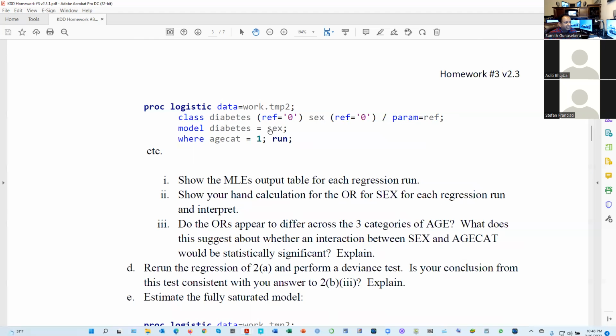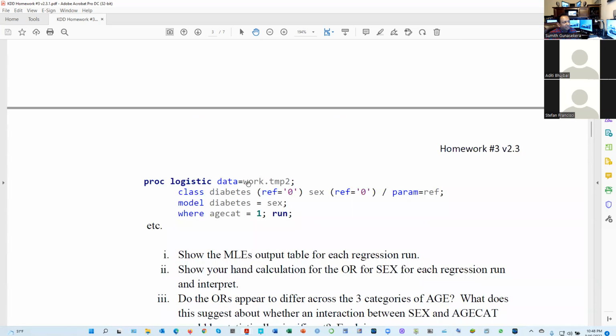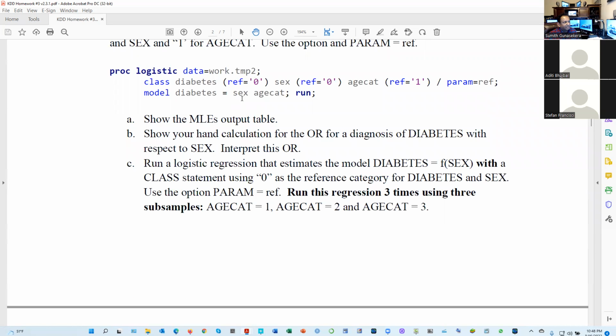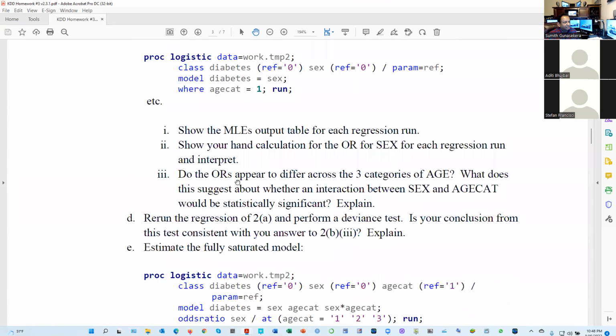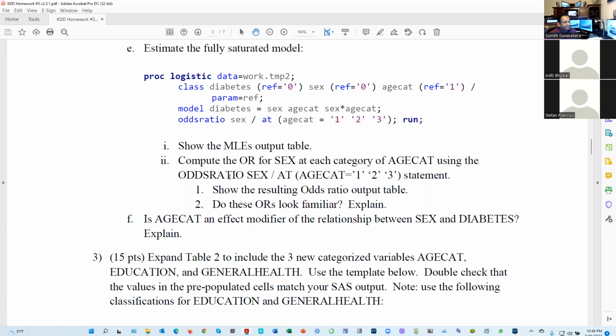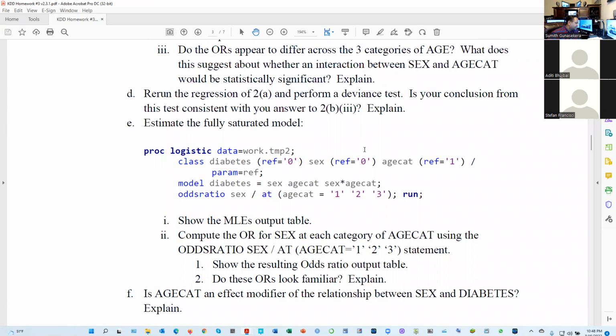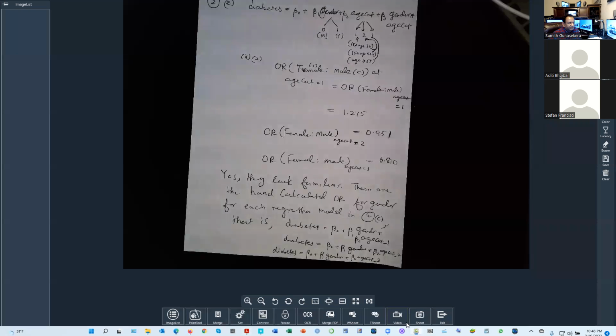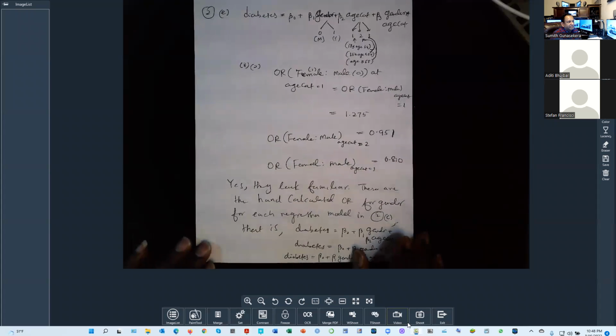When you have age category and gender, and in the beginning you have sex and age category, that produces what? An unsaturated model. So how do you do saturation? By introducing an interaction term. Now you're going to introduce the interaction term.